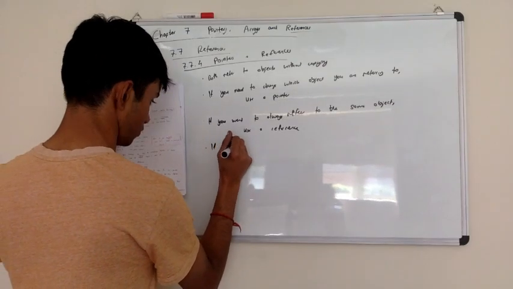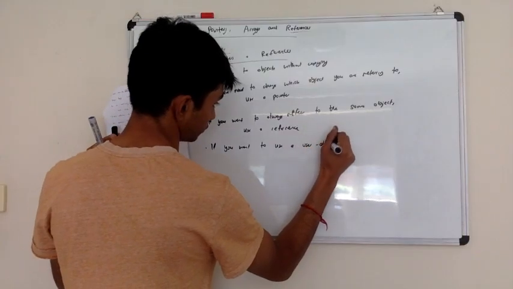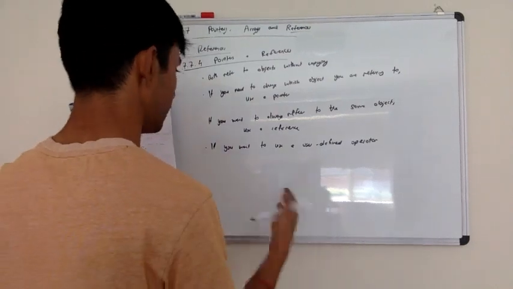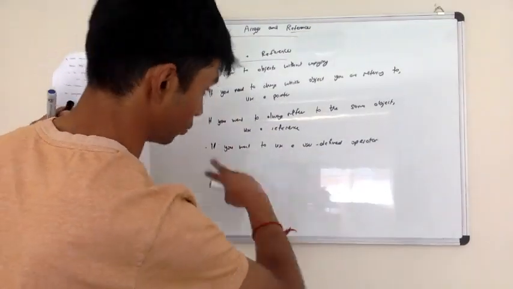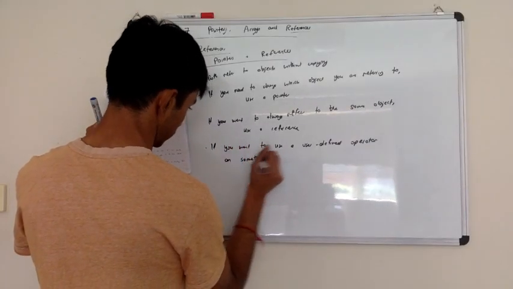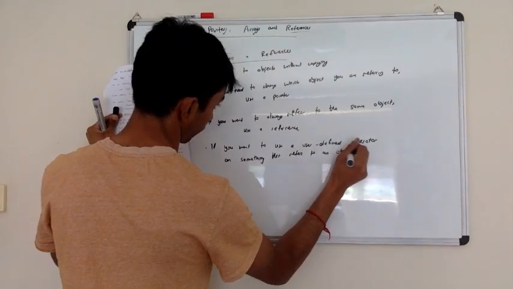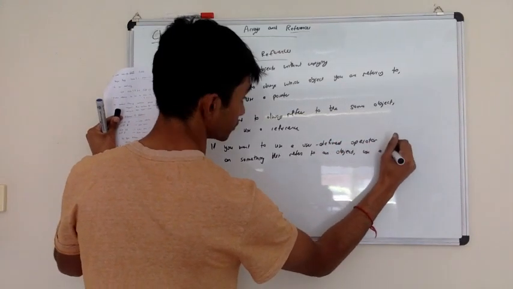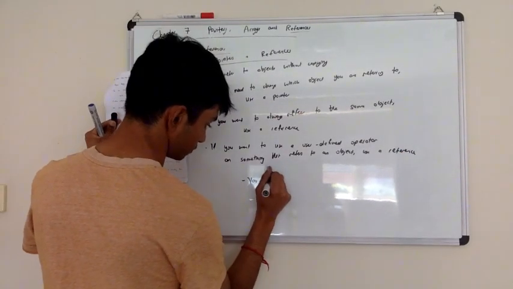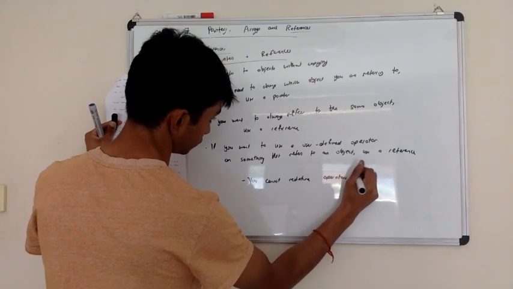If you want to use a user-defined operator, and again, this is part of operator overloading, which I'm not very comfortable with, but if we ever learn it, bear in mind: if you want to use a user-defined overloaded operator on something that refers to an object, use a reference. The reason is that you cannot redefine operators for pointers.